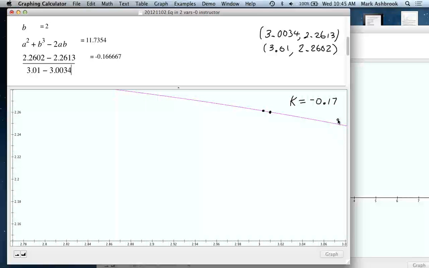The change that's really small. Yeah, a small change. That's what we're trying to find.